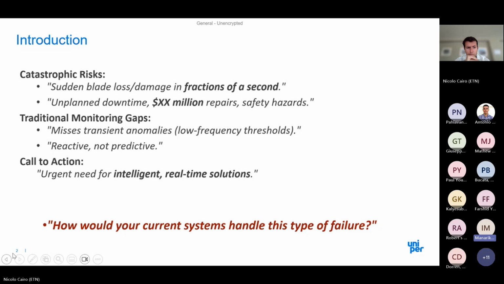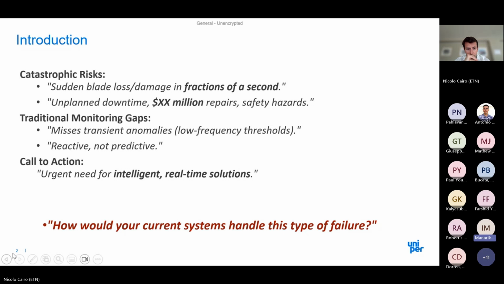So as we all know, the blade loss in a gas turbine could be catastrophic. A sudden blade damage or a loss in a fraction of a second could cost millions of pounds or dollars for an energy company, and it also poses risk in terms of safety.